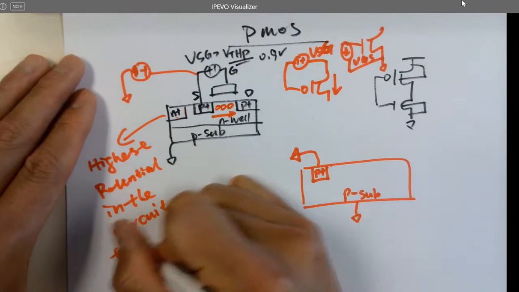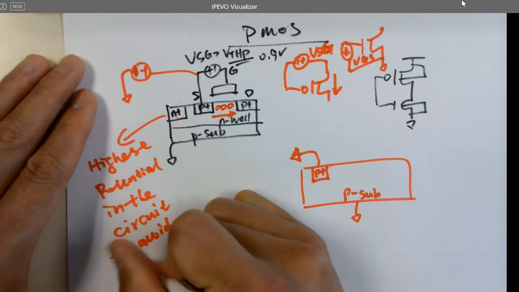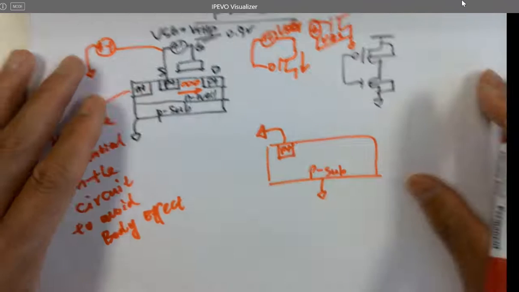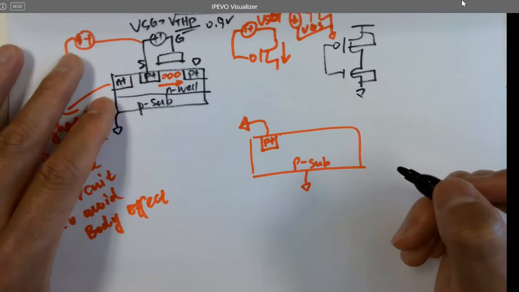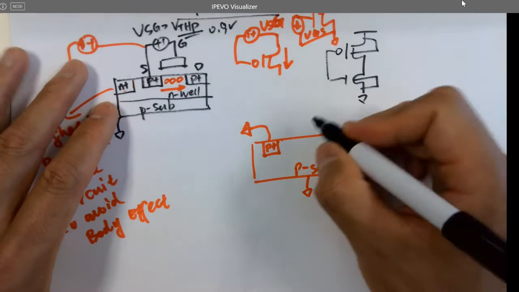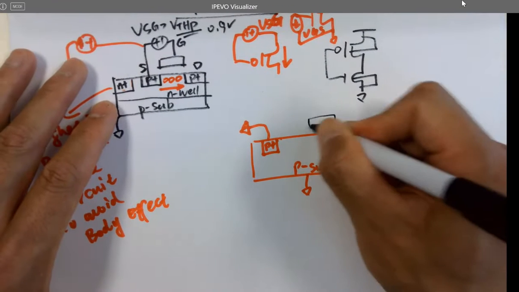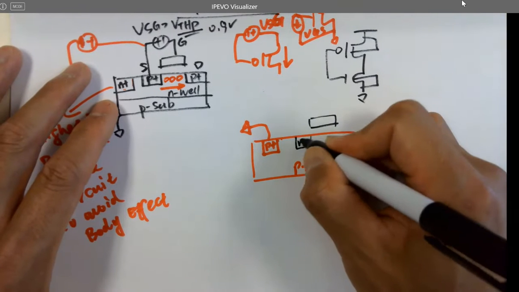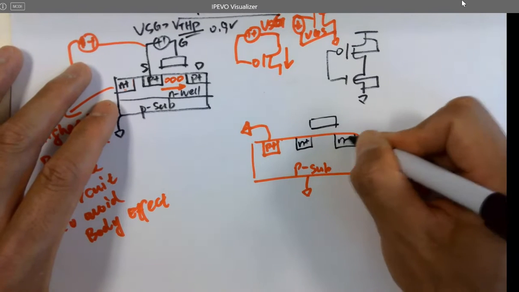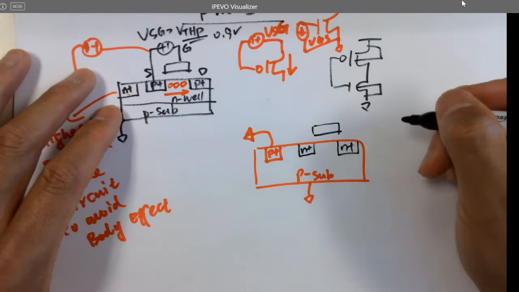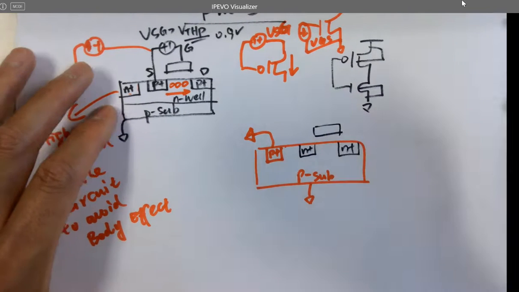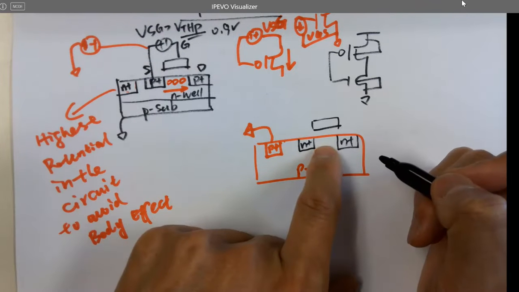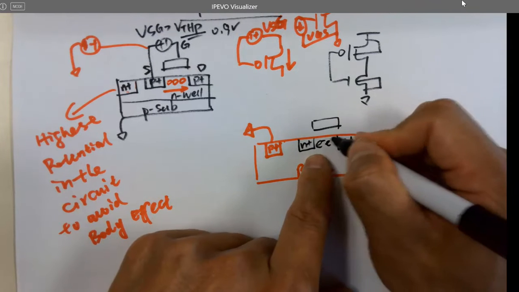To avoid what? Body effect. So how do we model the body effect? For the NMOS, what is being attracted to the channel? Electrons, right?